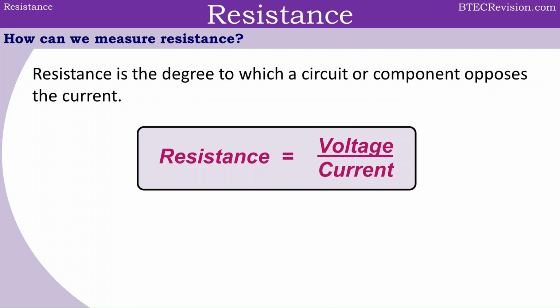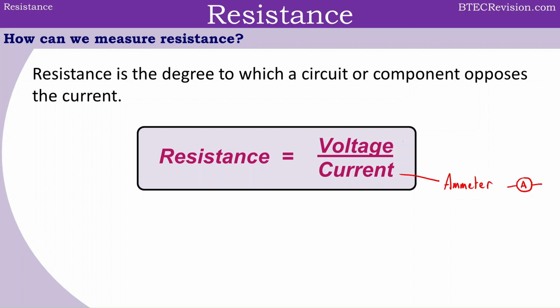But how do we get the values we can use to measure current and voltage? We can use something called an ammeter to measure the value for current, which has the symbol A with a circle around it, like so.